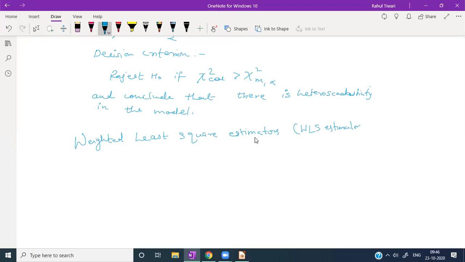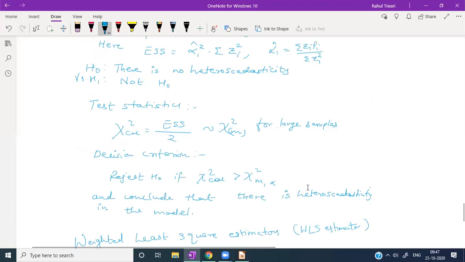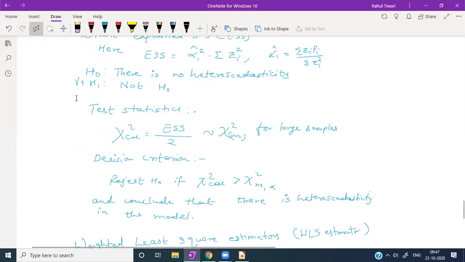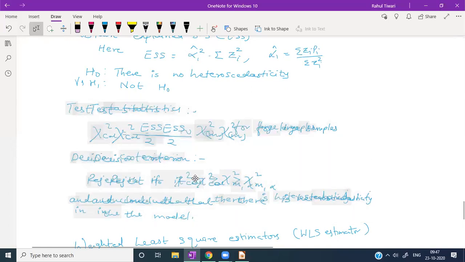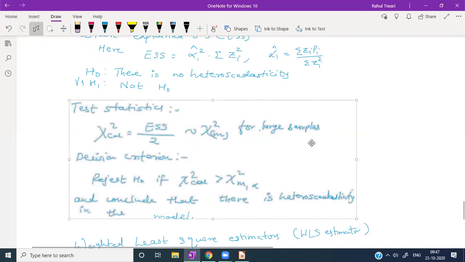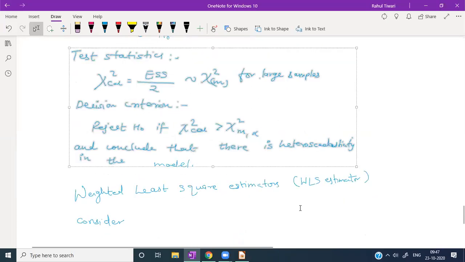So short form is WLS. So if you just consider the model, just a minute, because this line should be straight, otherwise while copying the things it may cut the things.